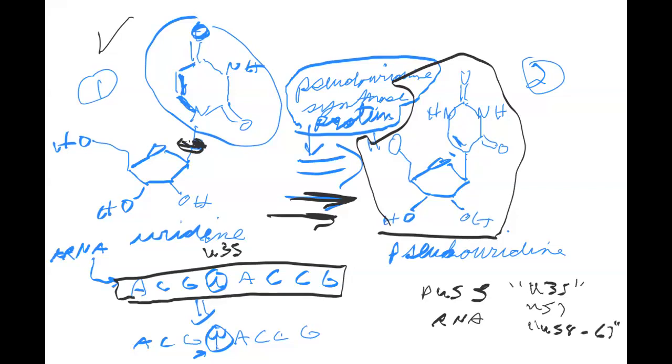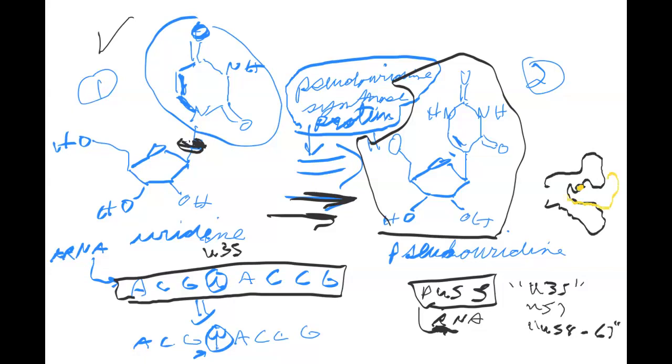So these are specific locations along the structure of this RNA, okay? It's looking for a certain structure, and then it'll change that. Let's say it's this region right here. That enzyme would come in, catch that structure, change that to a pseudouridine.